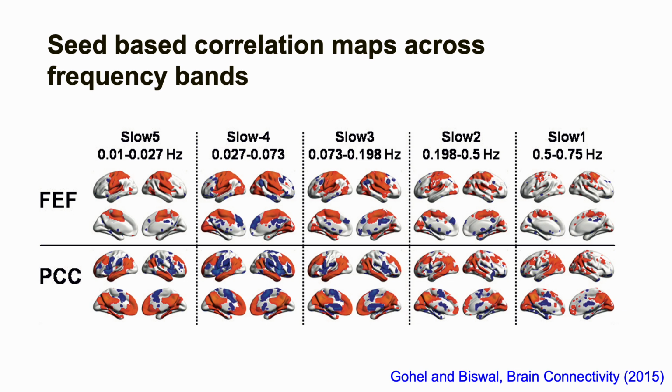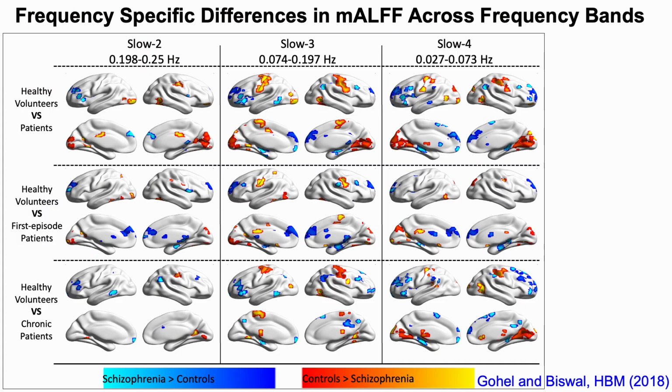However, at a higher frequency, although it's not as robust, nonetheless we do see some connectivity pattern, and the hope is that with more development and faster scanning methods, perhaps better signal can be characterized in the low frequency range. This is just showing differences between healthy control and schizophrenia based on the frequency characteristics.